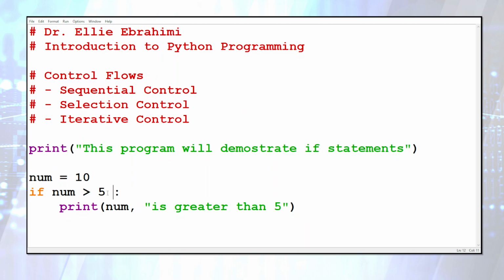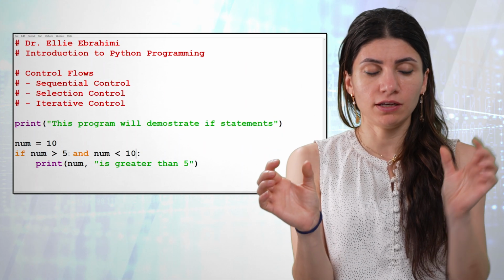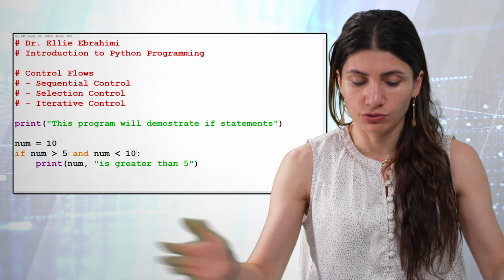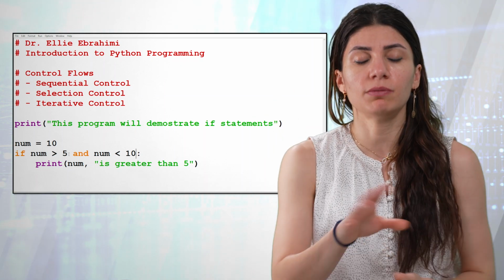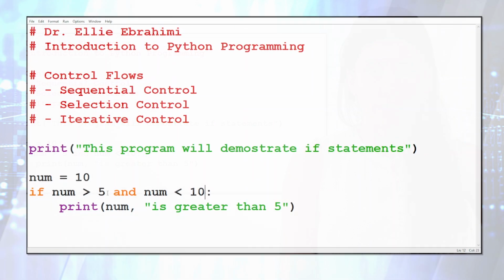So for instance, I can say if num is greater than 5 and if num is also less than 10. So you want to see if the number is between 5 and 10. If it's greater than 5 and less than 10, then do something. We need to change our statement, but I'm just showing you that you can have multiple conditions in one header. We're going to leave it at greater than 5, just to keep it simple.